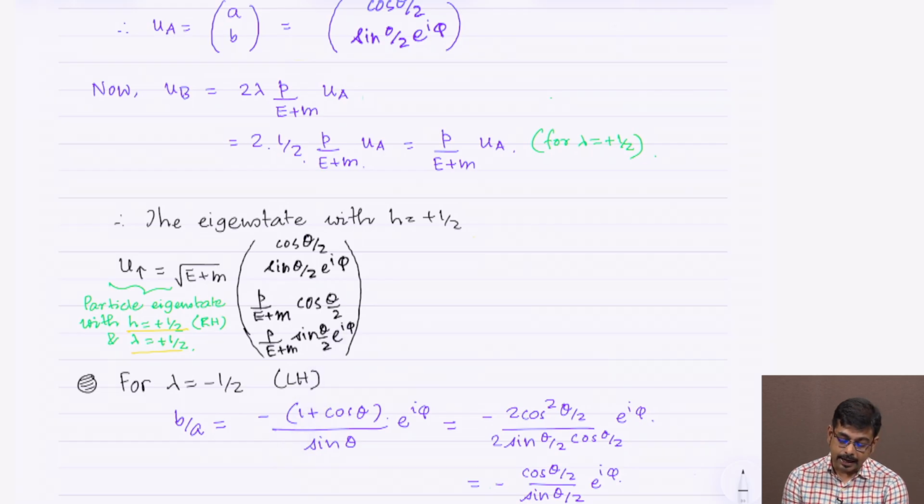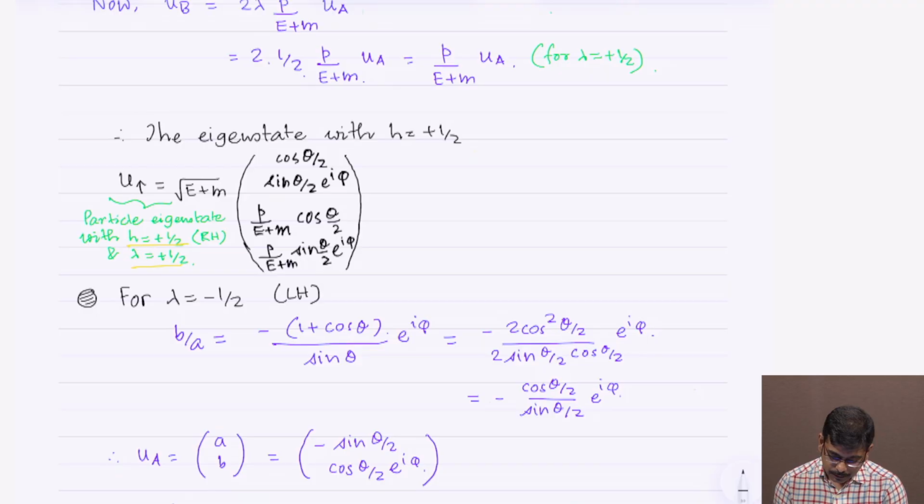So, this is basically the U up matrix, and I have found out one spinor which is the eigenstate, or rather it is a simultaneous eigenstate of the helicity as well as of the Dirac Hamiltonian.